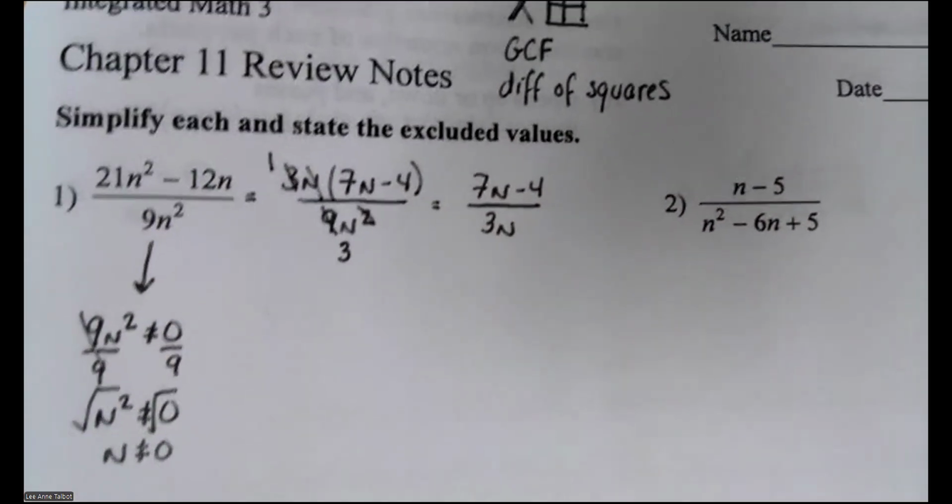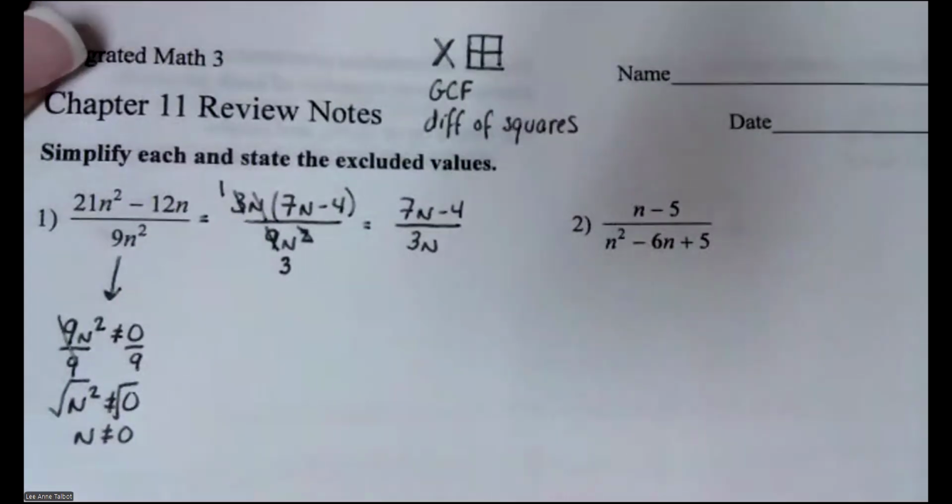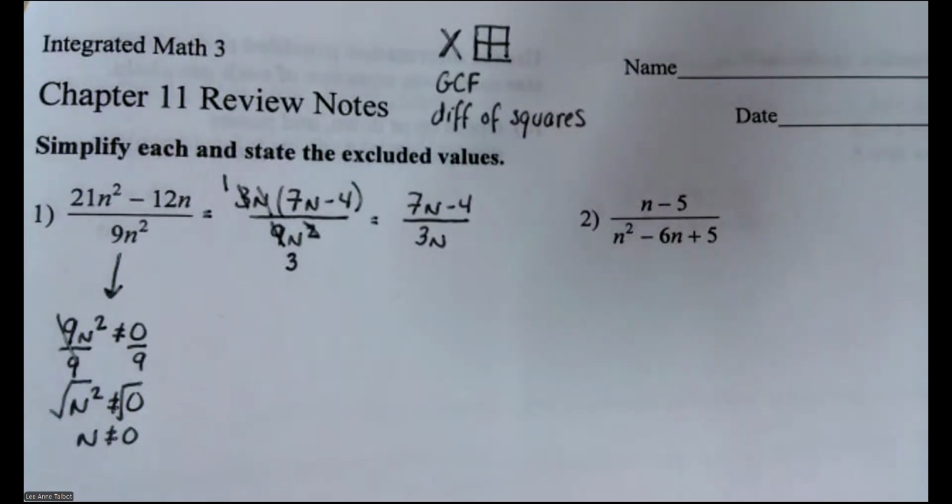And that problem is done. Do you guys have any questions about number one? So moral of the story is GCF, then reduce. Excluded values come from the bottom.